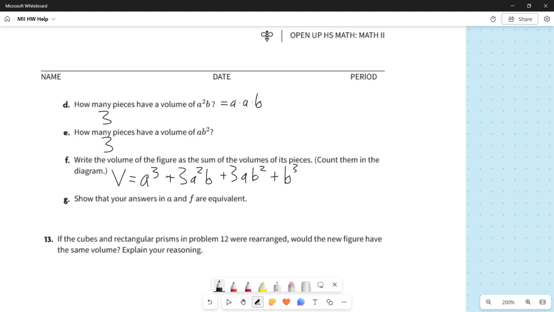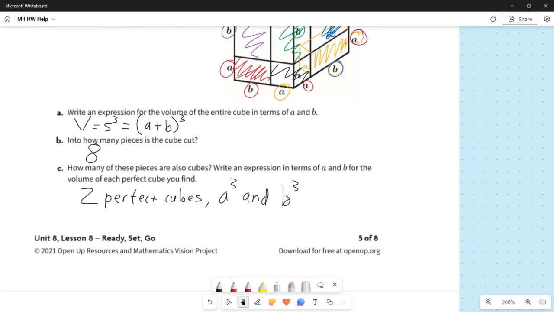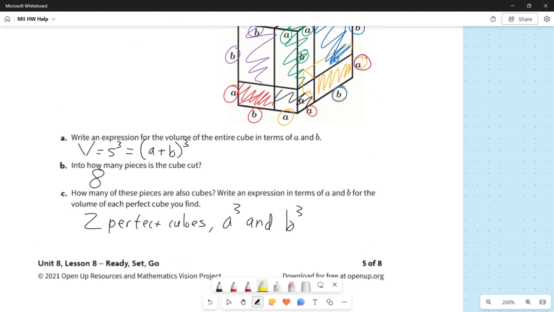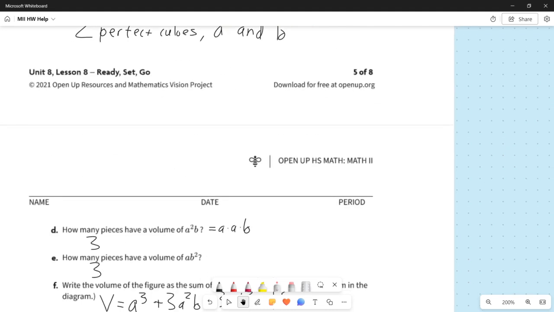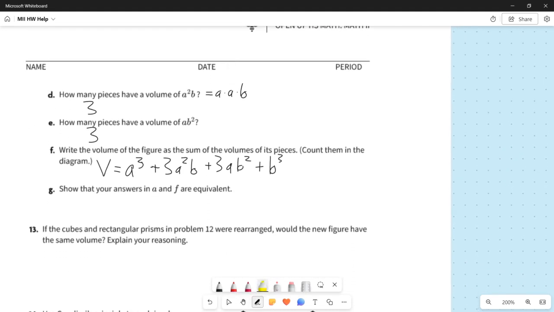Lastly, part G. Show that your answers in A and F are equivalent. So what they're saying is show that this guy, our answer for A, is the same thing as our answer for F. All right.